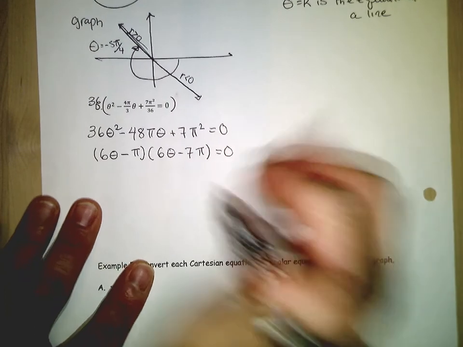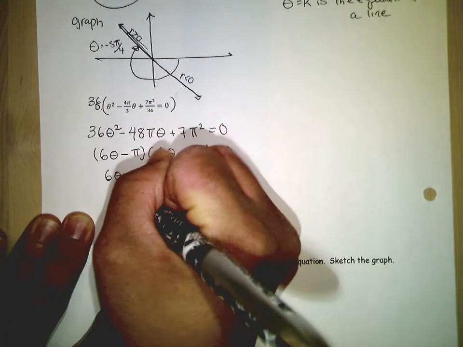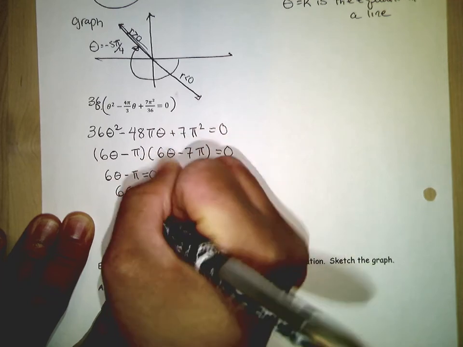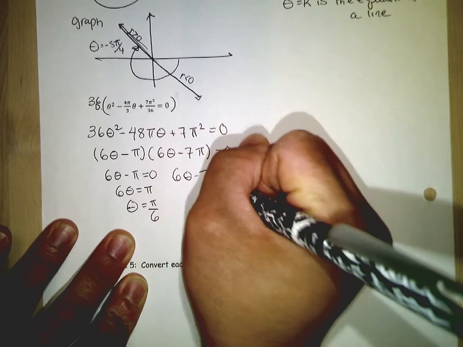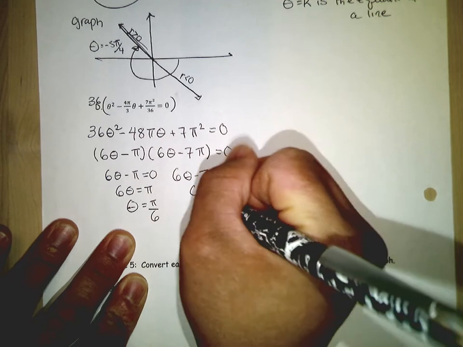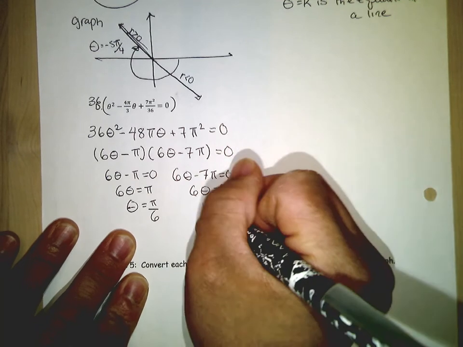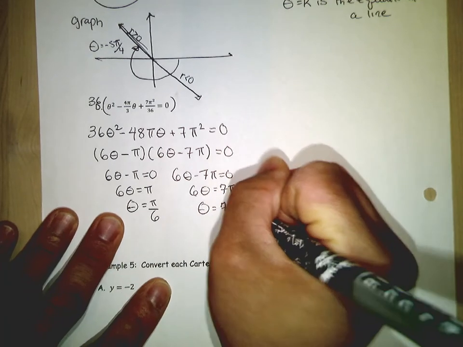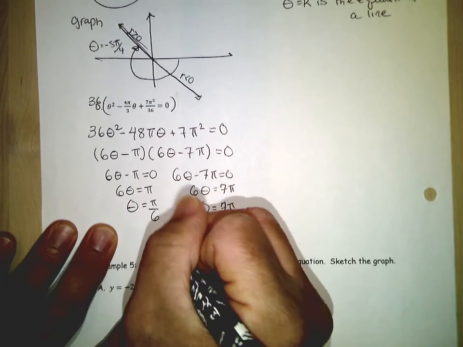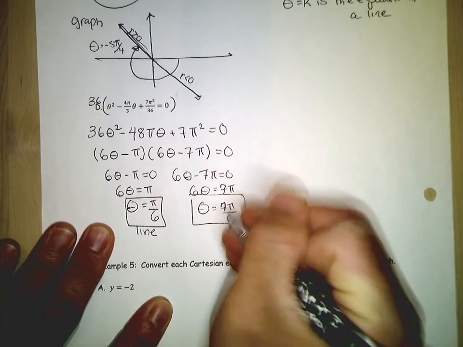And so then 6 theta minus pi could be 0. 6 theta is pi, or theta is pi over 6. Now 6 theta minus 7 pi could be 0. Add the 7 pi to get 6 theta is 7 pi. Divide by 6 to get 7 pi over 6. And if you notice, these are both lines. Here's a line. Here's a line.